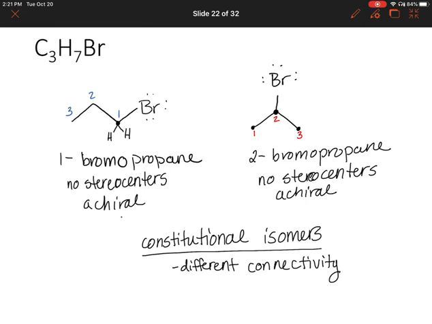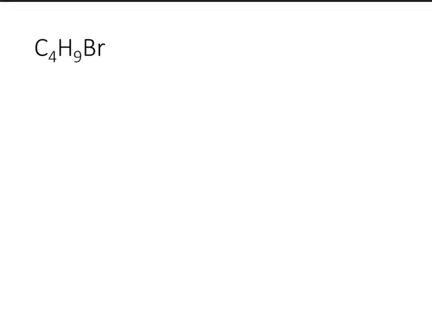Now let's look at our second molecule, C4H9Br. So I would like you to try this one on your own. See if you can draw all of the different isomers for C4H9Br. I would also like you to try to name them.